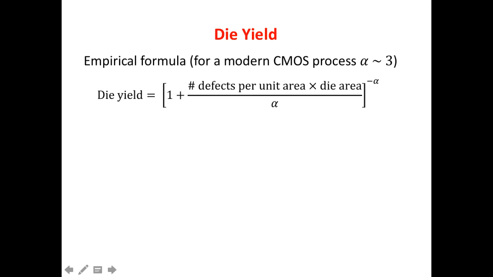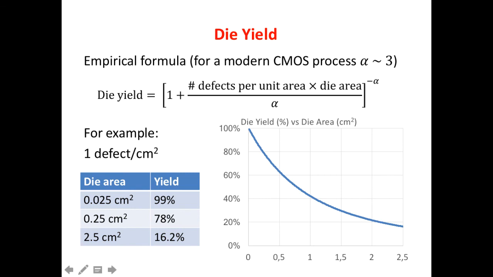So, for example, the expression goes like that. As a function of the die area, by putting 1 defect per centimeter squared and alpha equal to 3, we can see the die yield goes something like this, as a function of the area in centimeters squared. You see, for a small die, you can have a very high yield, but then as you increase the area, the yield can become pretty low.